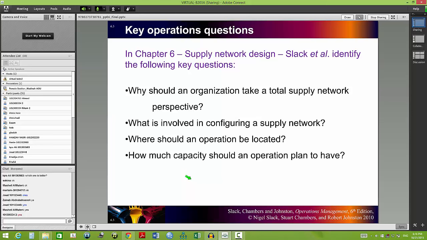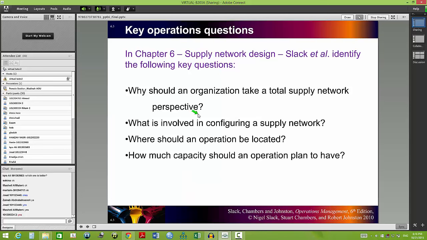There are some questions that we will discuss, inshallah, in this chapter. The first question: why should an organization take a total supply network perspective? This is a very important question. Why do we discuss the other organizations, meaning the suppliers and the customers and so on, in the business?